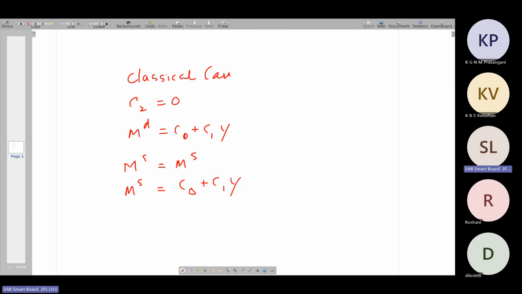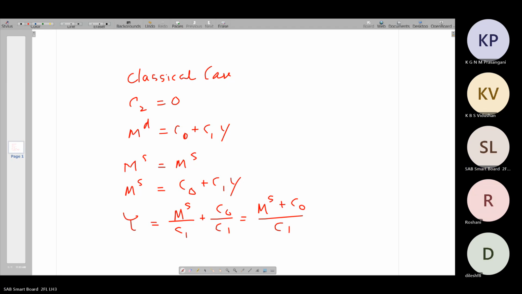Solving for Y, we get MS plus C0 divided by C1.